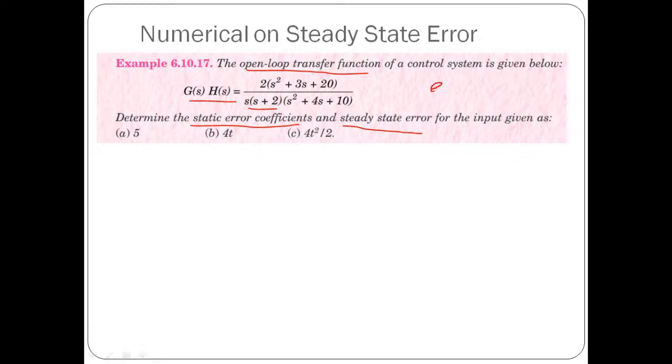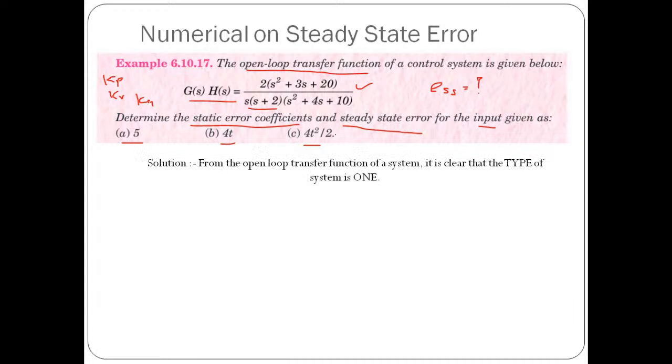That means we have to calculate the value of ESS followed by different types of error coefficients like Kp or Kv or Ka for this particular system when this system is excited by some kind of input excitation, and different types of input signals are given to us. First one is 5, second one is 40, and third one is 40t^2 by 2. So how to solve this numerical?